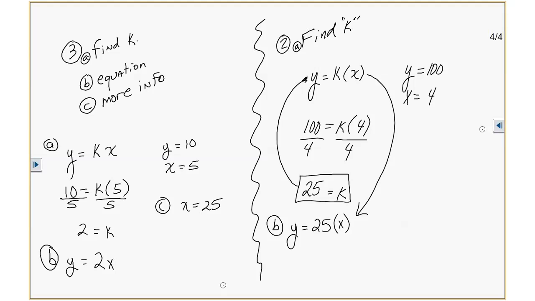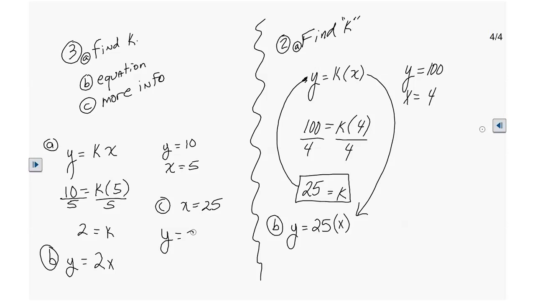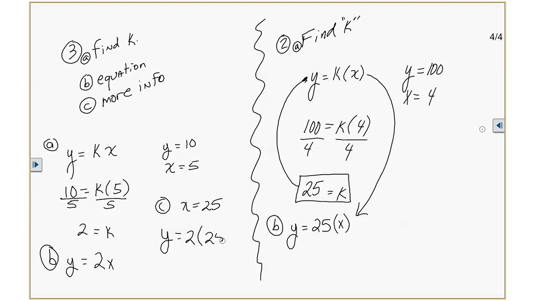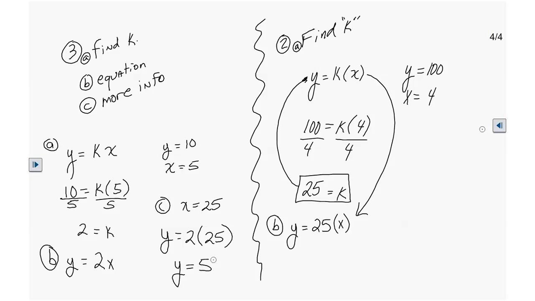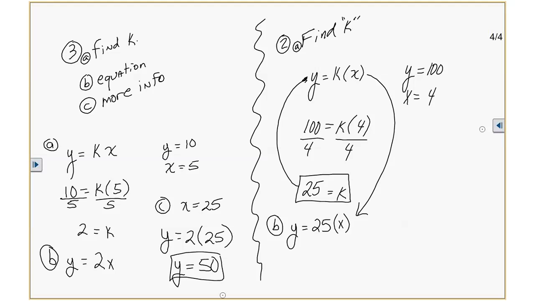And what do you think you'll do with that 25 now? Plug it in. So that'd be Y is equal to 2 times 25, and Y is equal to what? And that's the 3 type questions you're going to get in 6.4.